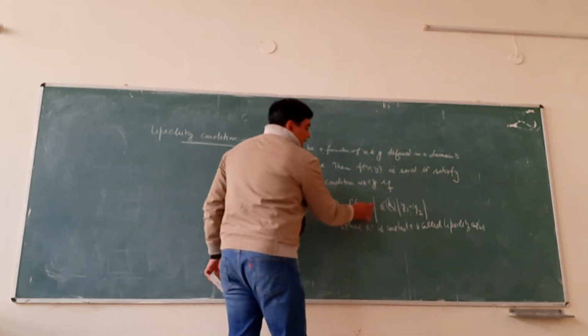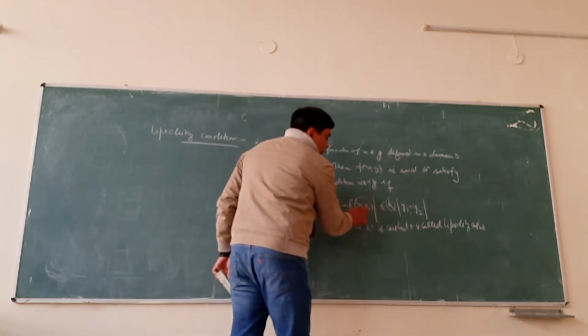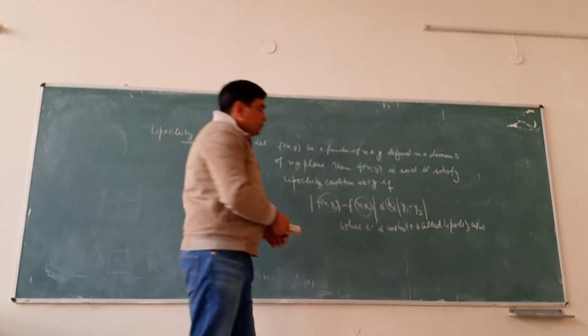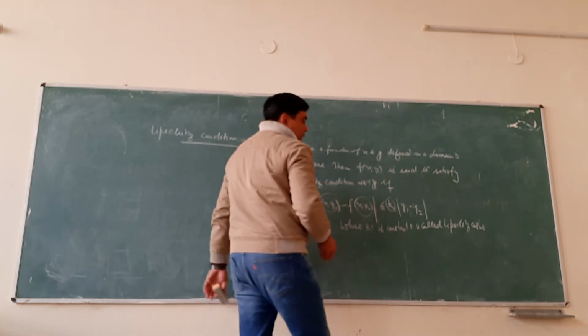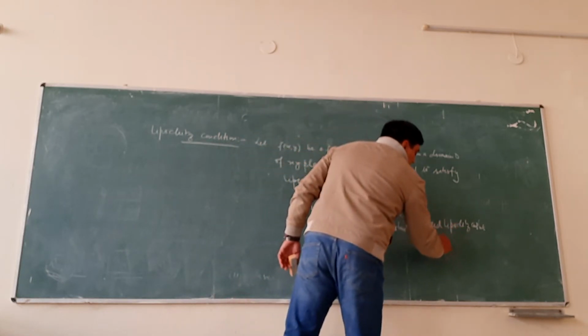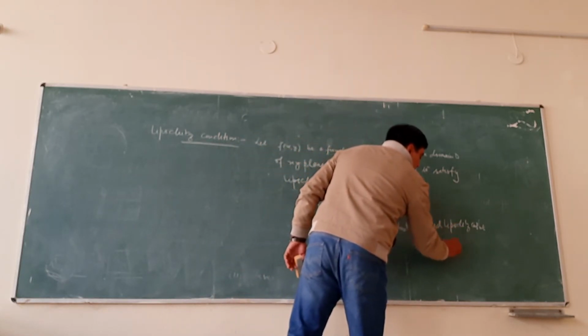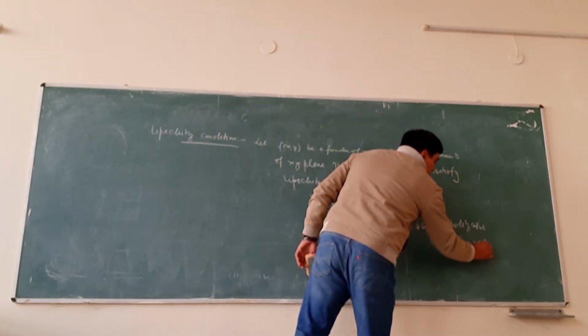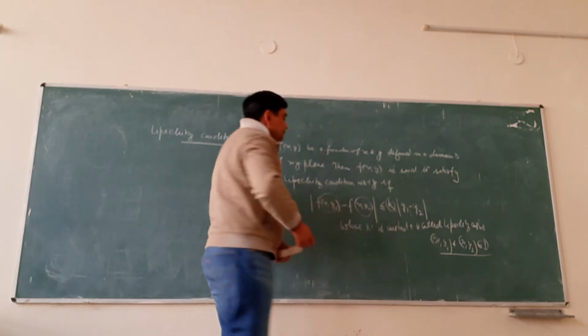And what are these (x,y1) and (x,y2)? These are 2 points in the domain D which we have discussed.